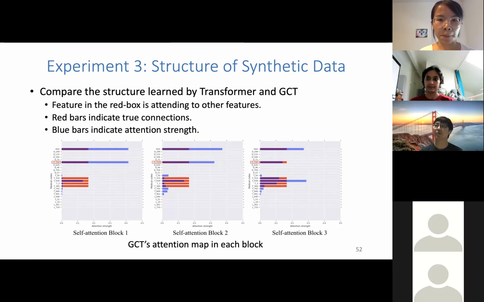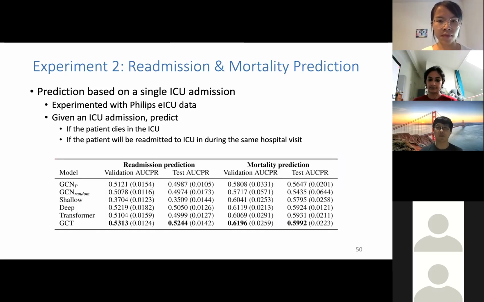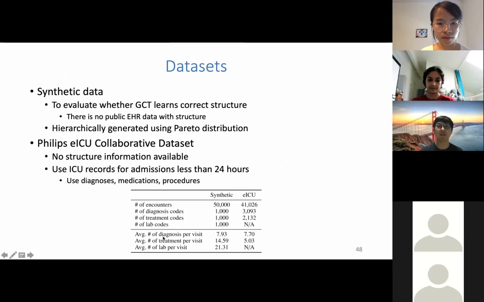Actually, that's a very good question. Unfortunately for eICU, this data, no, but when I was working at Google, there were a lot of EHR data sets, and one of them did actually have the ground truth connection information. And it was really gigantic data. I think it consists of at least 5 million patient records or something.